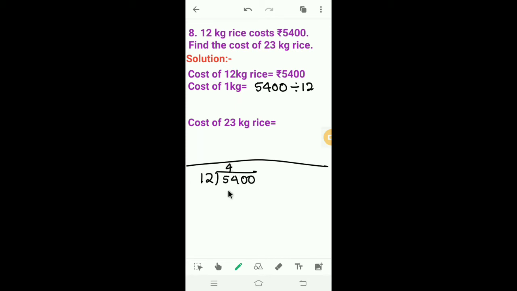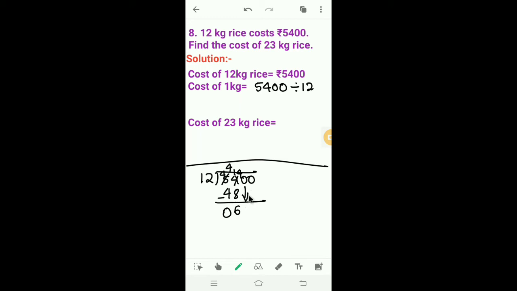Twelve 4s are 48. 4 minus 8 is not possible to subtract, so we have to borrow from the next number. Your next number is 5. If you borrow from 5, then 5 becomes 4 and here 4 becomes 14. 14 minus 8 is 6. 4 minus 4 is 0.